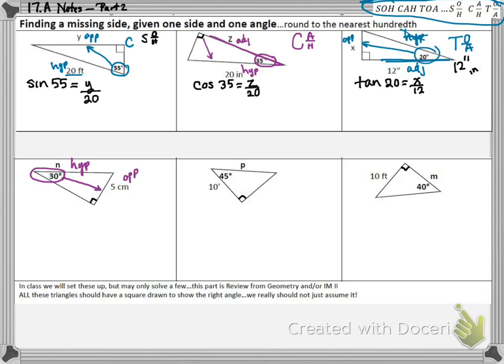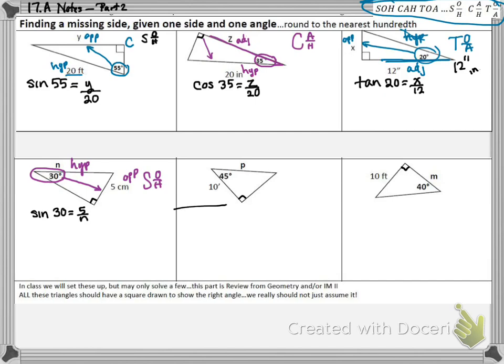The one that uses opposite and hypotenuse is sine. Sine is the opposite over the hypotenuse. So sine of the only angle I know is the side opposite over the hypotenuse. The letter on the bottom makes it just a little different when we actually work it out.